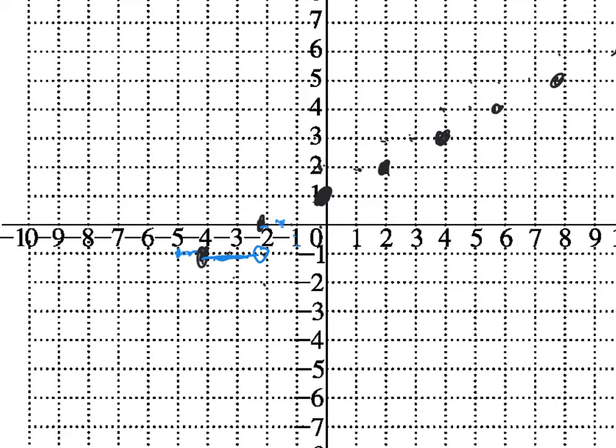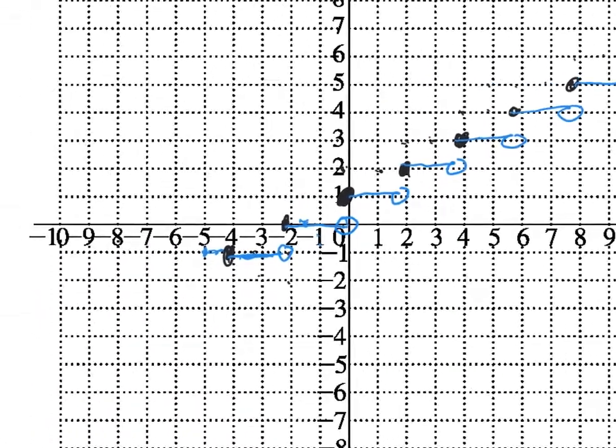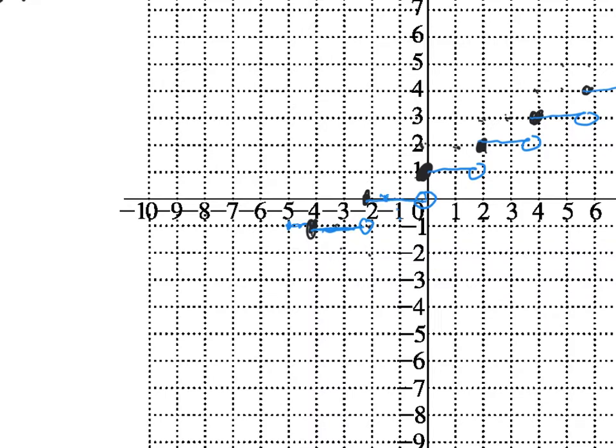So I run this over to the step at the next integer, and that has to be open, open, open. I don't have to do them all. The idea is there. I mean, you could do them all just because you're just that kind of person.